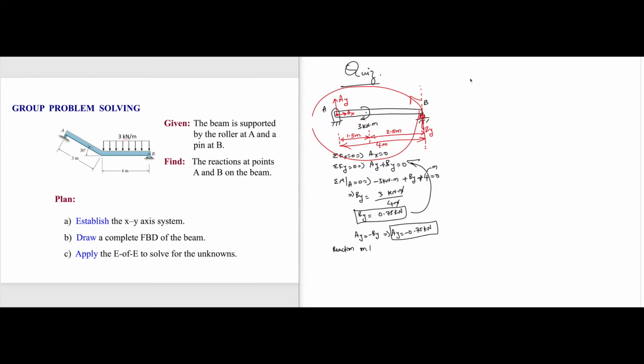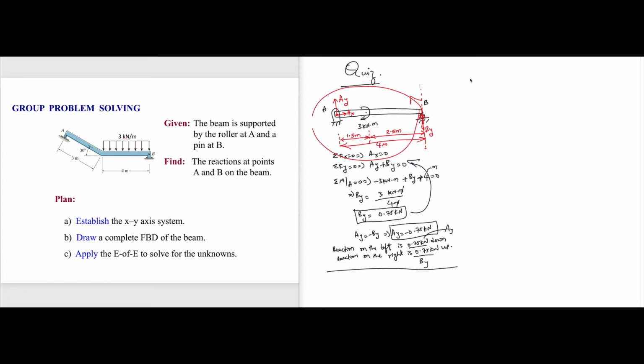Reaction on the left is 0.75 kilonewtons down, and reaction on the right, which is By, is 0.75 kilonewton up. So this is By, that is Ay. This is one of the questions in the quiz.